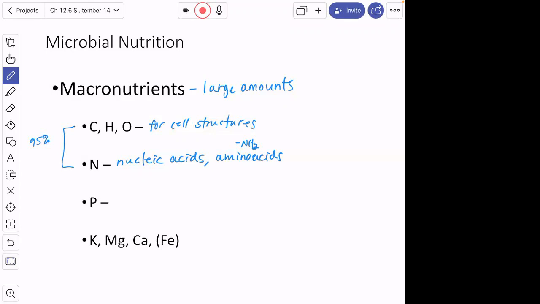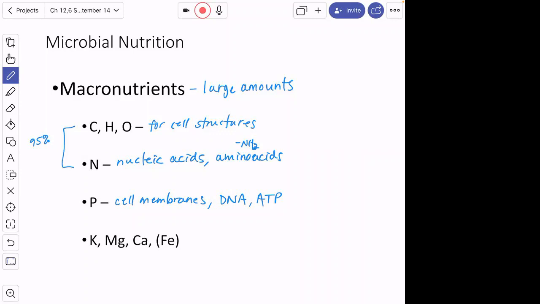Phosphorus is also considered a macronutrient because it's in things like cell membranes. Phospholipid bilayers, lots of phosphates there. DNA, right? There's a phosphate that connects all the sugars in DNA. So lots of phosphorus. ATP, can't forget that, adenosine triphosphate.